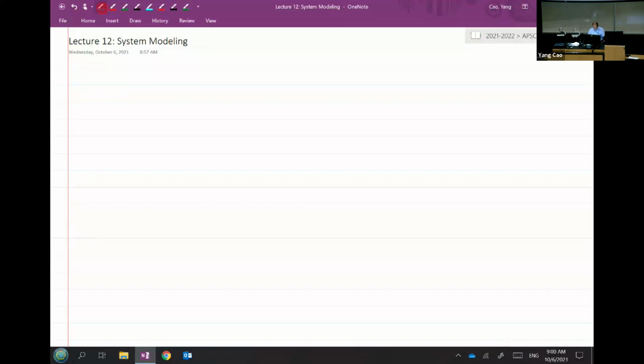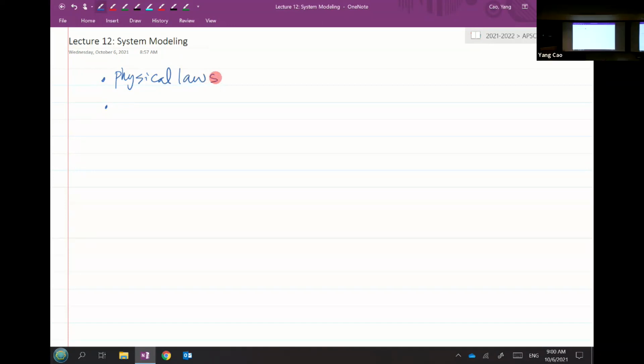In order to do that, we look at different physics laws. Those are essentially the principles that you can use to construct a system model. We also started looking at individual components of a system. How do we model each one of them? Then if we have a connection of all the individual components, we can put all the equations together, right?